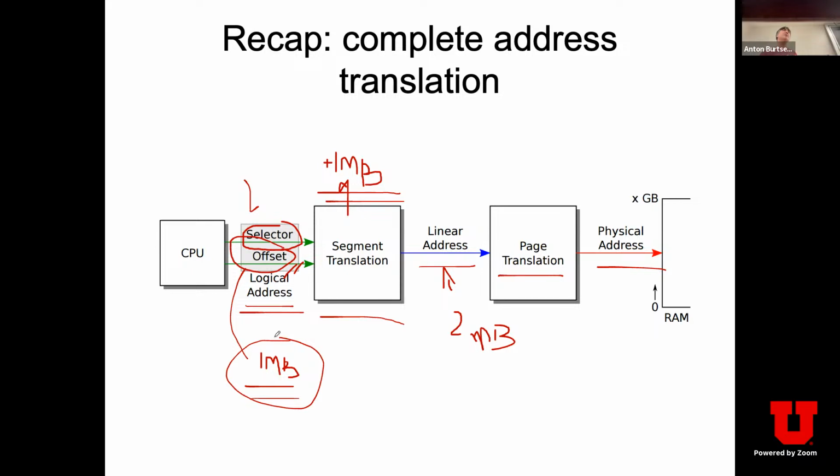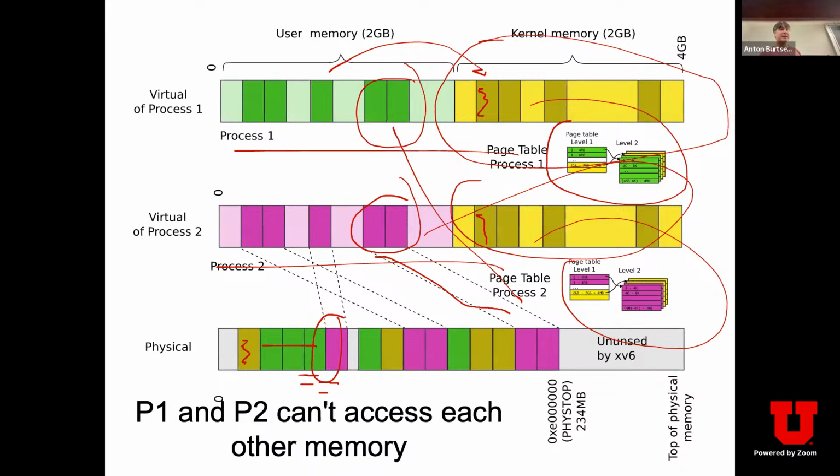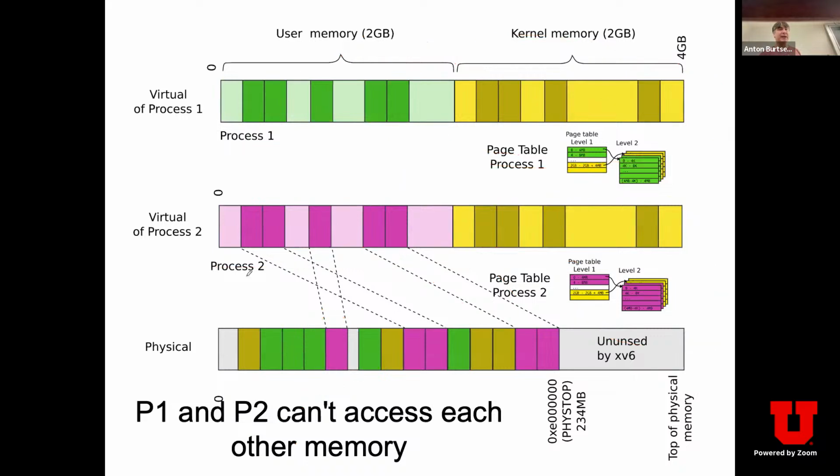Why is that? Just because the paging mechanism is so powerful. Remember, I said that there is a user accessible bit and a kernel accessible bit. So you can really split this address space into parts. This green part can be accessed by the user. This is where the user accessible bit is set. In my page table, I draw these entries green.